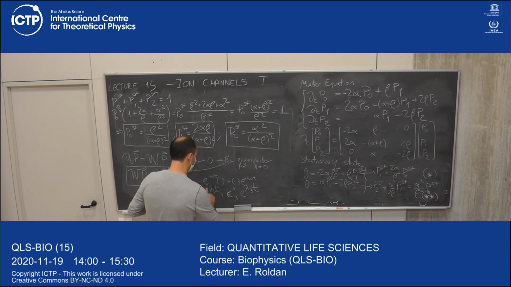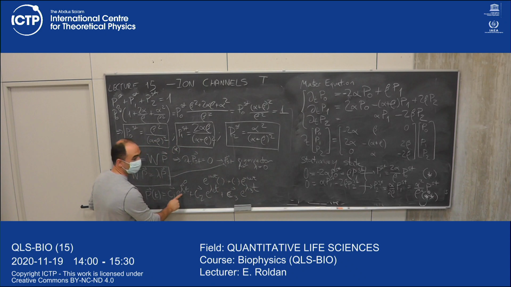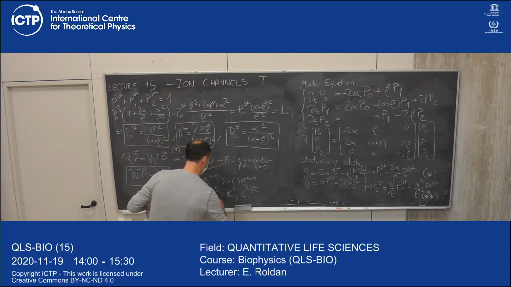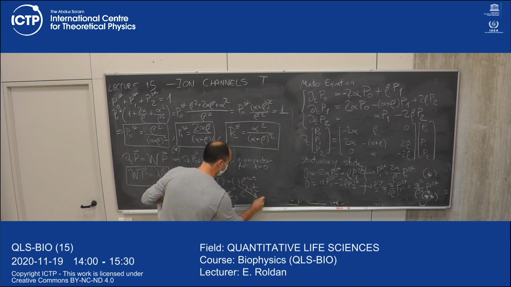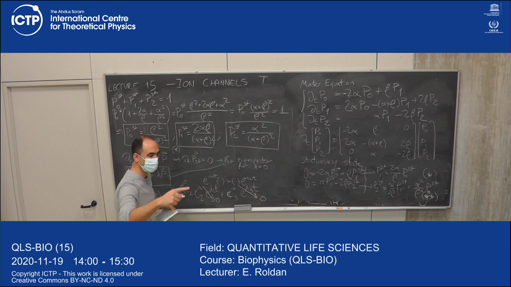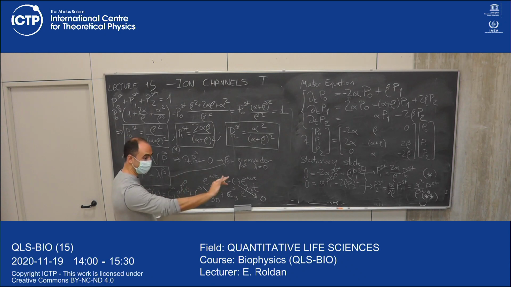So they will decay, both of these. But this one will survive. So you will go to the stationary state. You won't go to 0. This one will go to 0, this one will go to 0. So you can have oscillations, but damped. But this one, because the eigenvalue will be 0, this will stay.